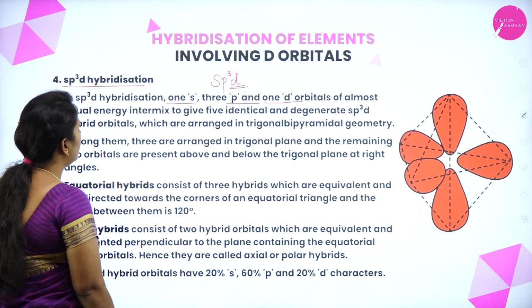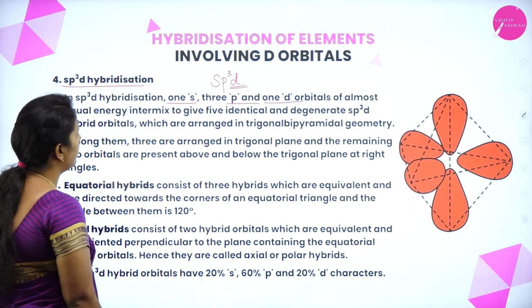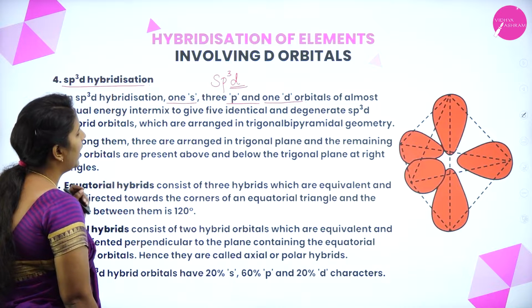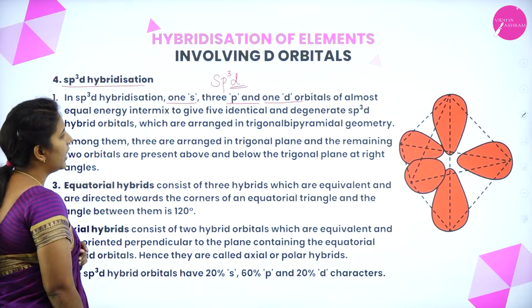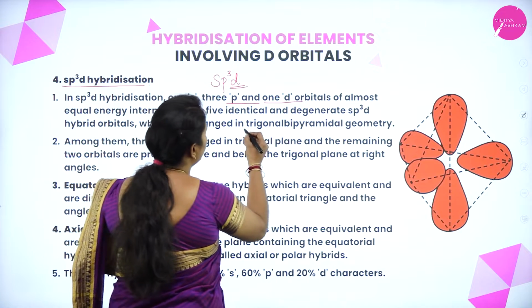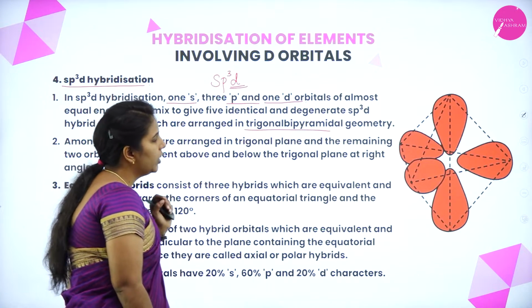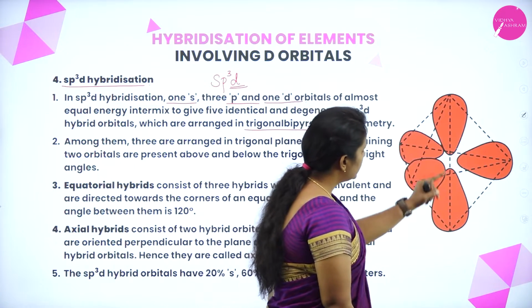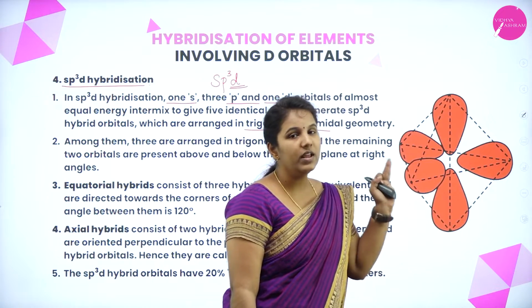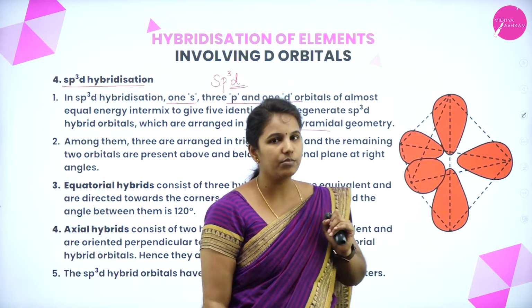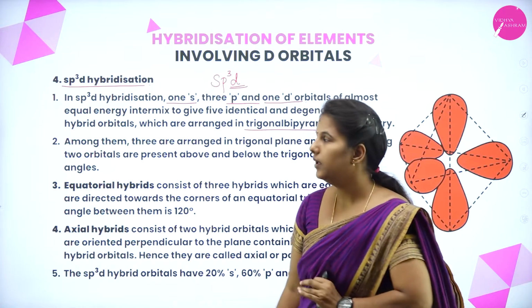Orbitals of nearly equal energies intermix to give 5 identical and degenerate sp3d hybrid orbitals. They are arranged in a trigonal bipyramidal geometry. You can see that this is the trigonal bipyramidal shape, the general structure of sp3d hybridized orbitals.